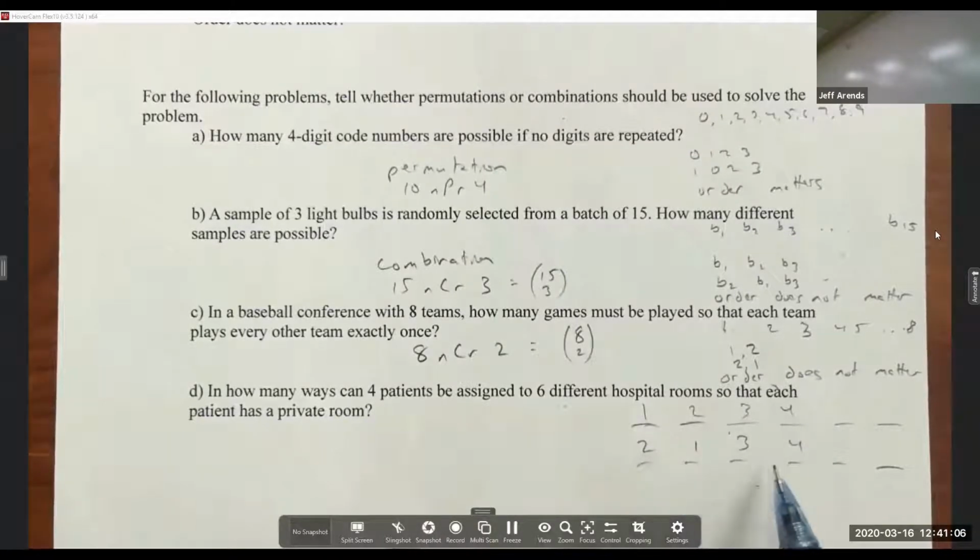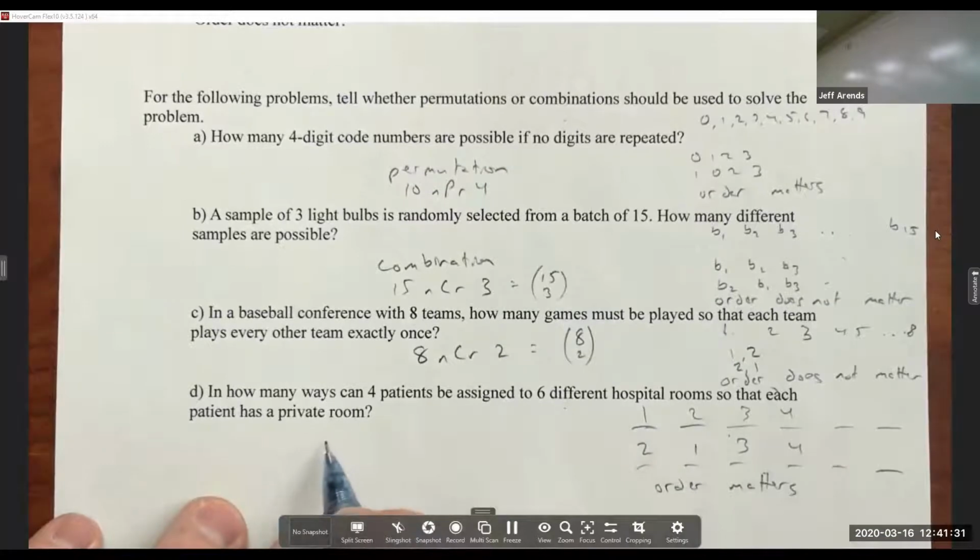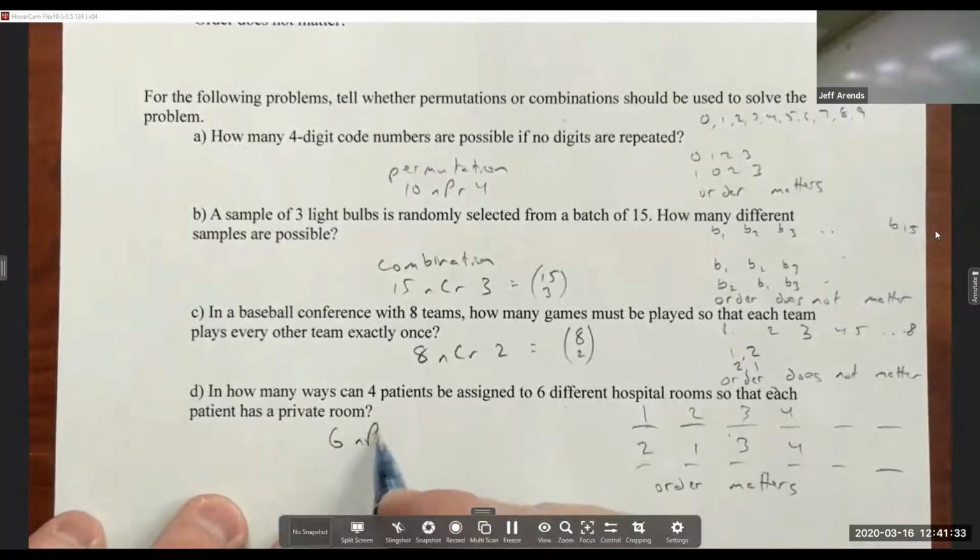Would I count that as a separate assignment? I would argue that yes, this would be counted as a separate assignment, because I'm talking about the number of ways that I could assign these 4 patients to the rooms. This would be very different for the individual patients, for example whether this person is next to patient 3 or not. So I would say here that order matters. So this would be a permutation. This would be 6P4.